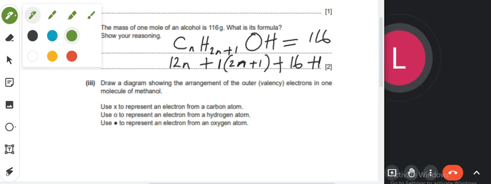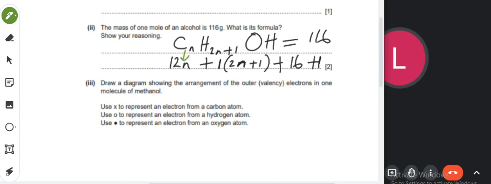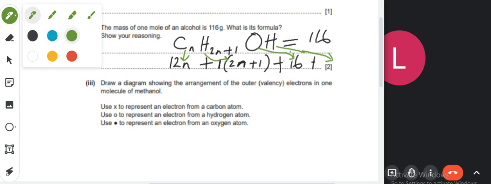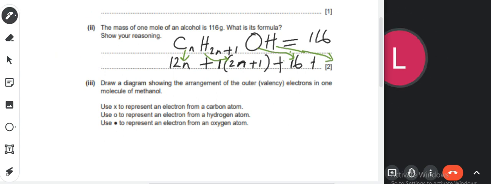Each of these is represented here. This is for this, this is for this. That's plus 1. Okay, so when you solve this, you get 116.